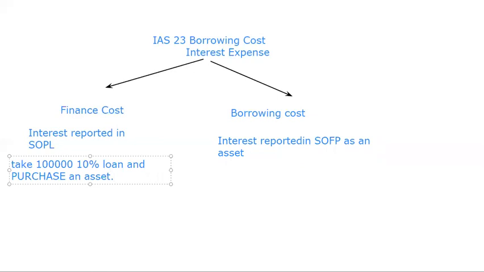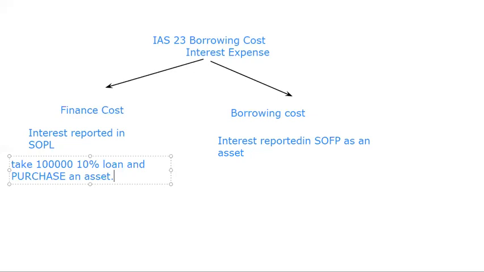We take a loan, whatever amount it is, and we purchase an outright asset. The interest we pay on this loan will be called finance cost, reported in the statement of profit and loss, right?